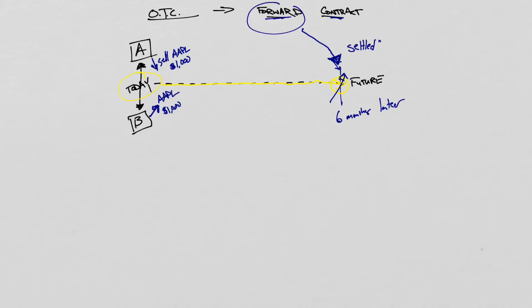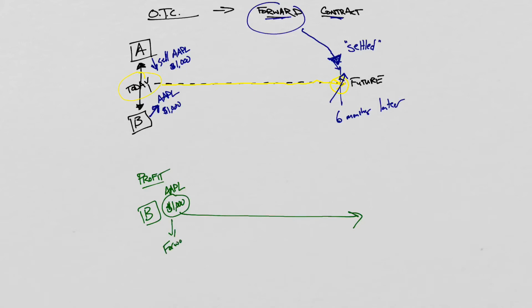And so if we know that this is how a forward contract works, we can then calculate the profit for a forward contract. For B, if they agree to buy Apple at $1,000 today, they agreed today, but they didn't actually get to buy it until the end of 6 months, we can call this the forward price.